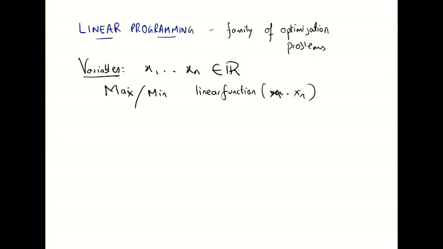And then you have some constraints, which are linear constraints. So you have a linear objective function you're trying to maximize or minimize with some linear constraints, and that's basically what a linear program is. Everything is linear. There's no degree 2 constraints. Everything is degree 1. That's a linear program. We'll see an example soon.